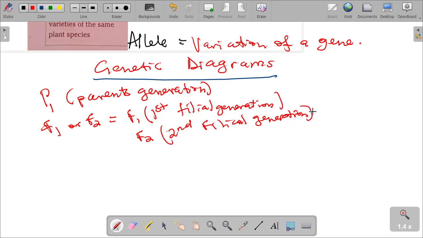There are the generations. We also have the alleles of a gene, which can be represented by capital letters and small letters.